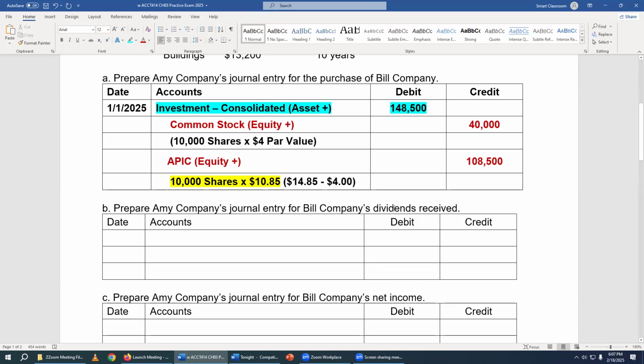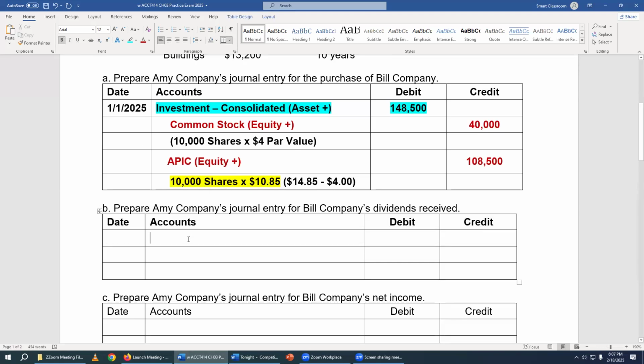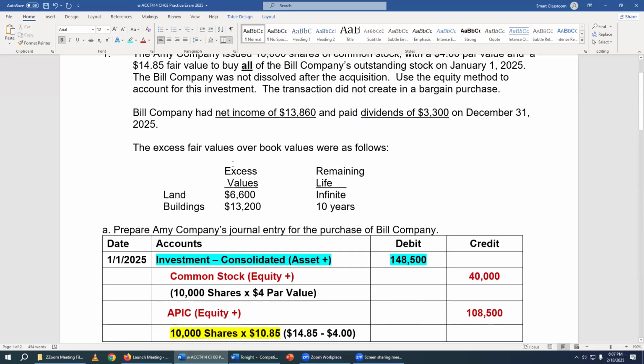Oh, I spelled dividends wrong, I think. Okay, so company's dividends. Now you'll remember, these are paid out on 12/31/2025.